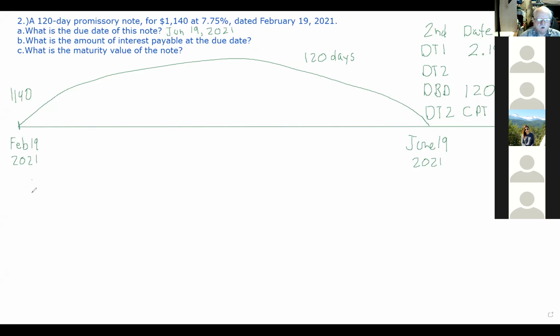Again, we could go I equals PRT, and the principal was 1140. The rate, they must have given us a rate, 7.75%, and 120 over 365. So I'm hoping a few people will calculate that and put it in the chat box.